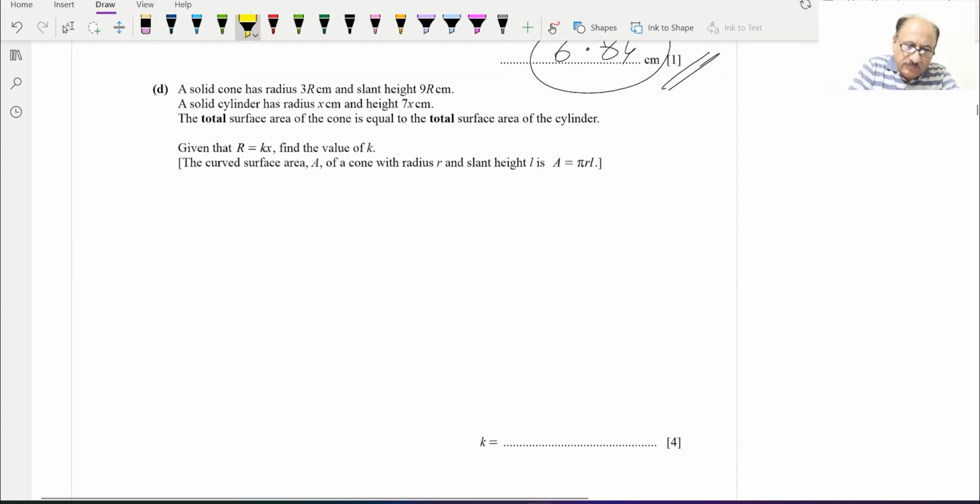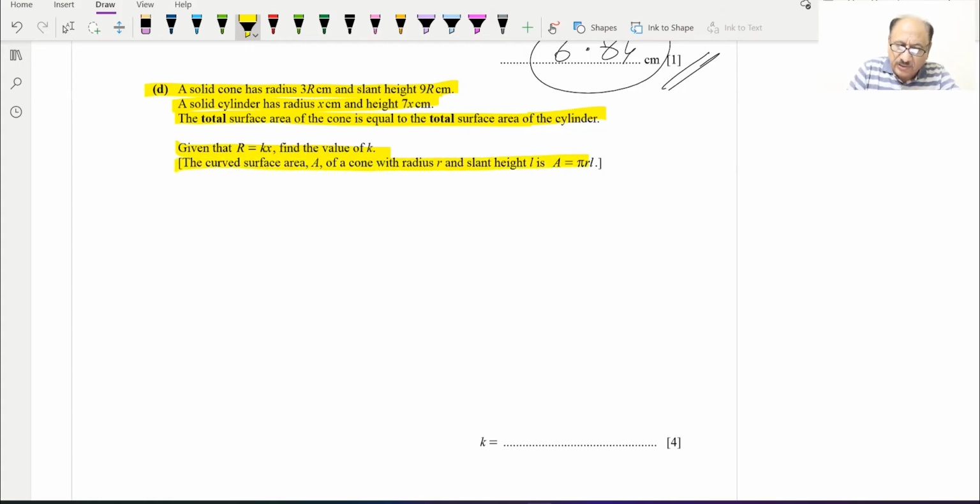Now part D says a solid cone has radius 3r centimeter and slanting height of 9r centimeter. A solid cylinder has radius x centimeter and height 7 centimeter. The total surface area of the cone is equal to the total surface area of the cylinder. Given that r is equal to kx, find the value of k.